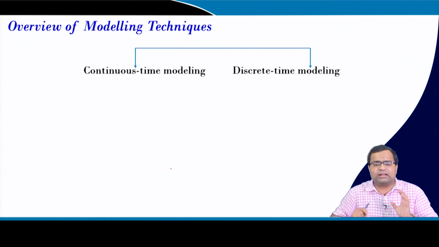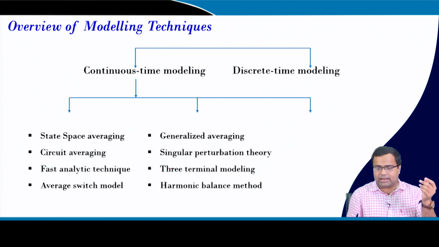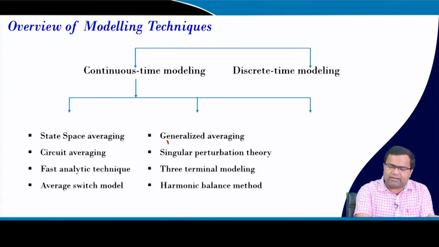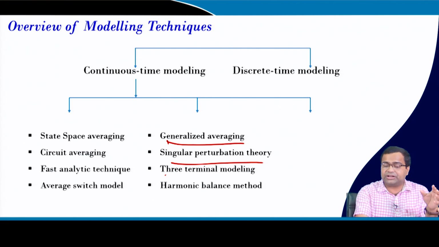So, the overview of the modeling techniques we can divide into two parts: continuous time modeling and discrete time modeling. Then in continuous time modeling, we can have state space averaging, circuit averaging technique, fast analytical technique, average switch model. We also can have a generalized averaging technique, singular perturbation theory can be applied, okay, and the 3-terminal model.